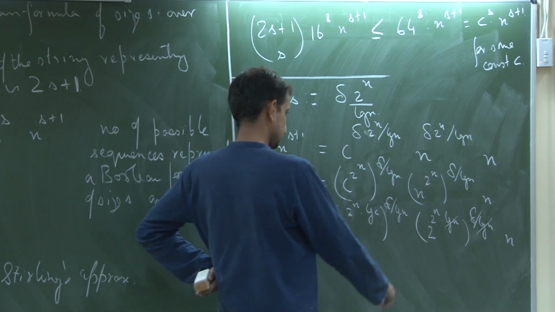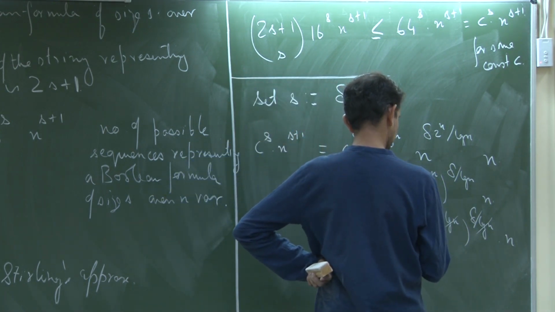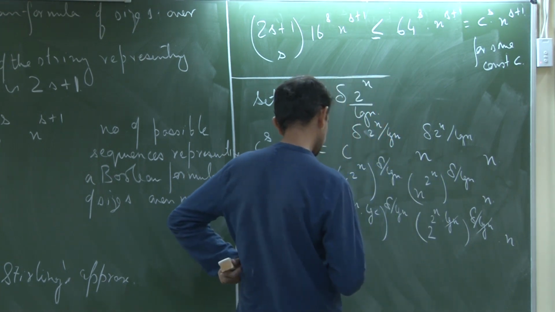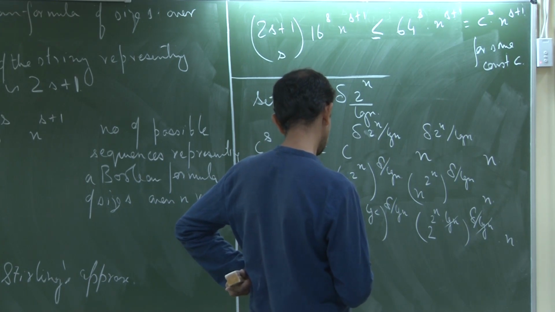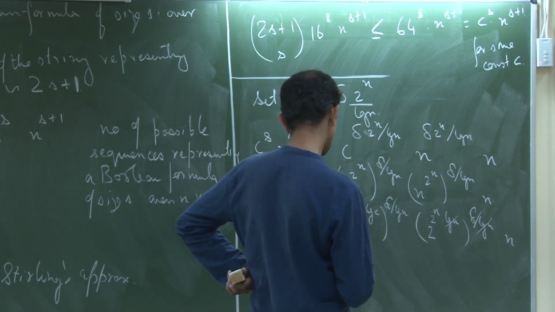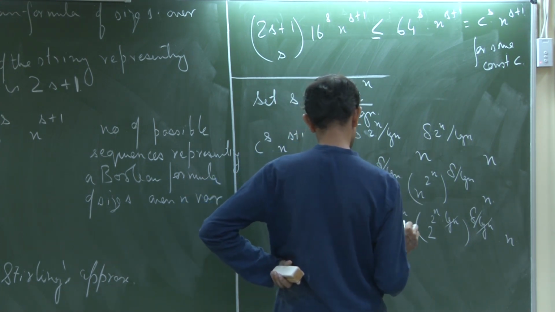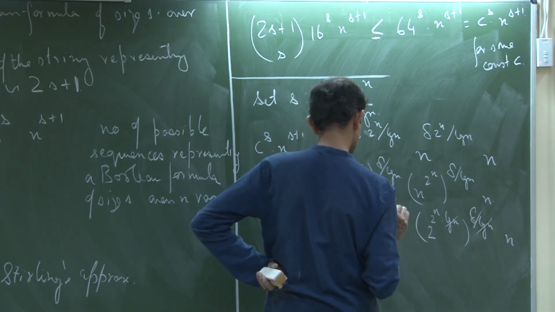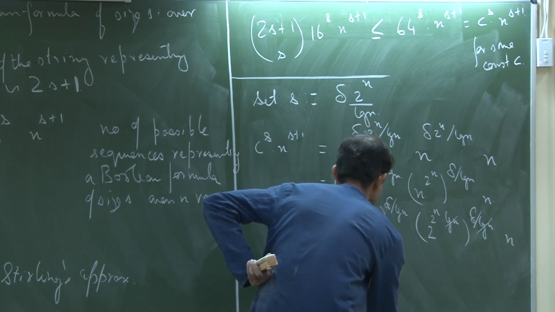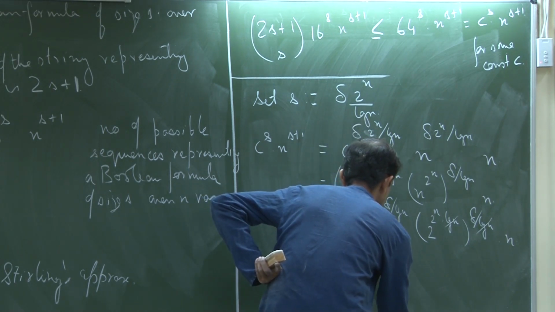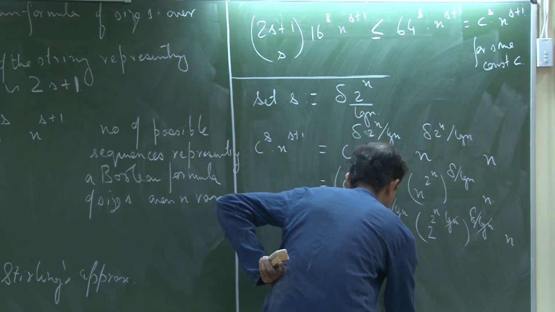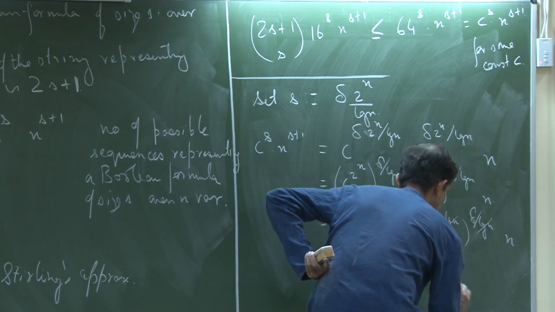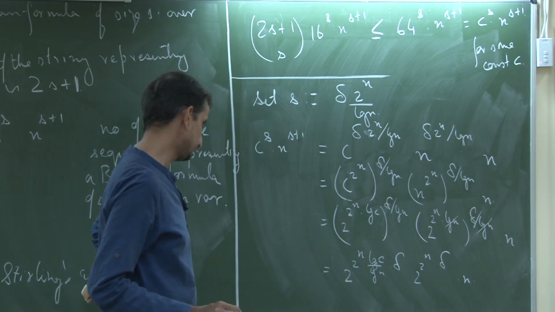So what we have is 2 to the power n, whole to the power delta, and here we have 2 to the power n log c by log n times delta, 2 to the power n times delta times n over here.